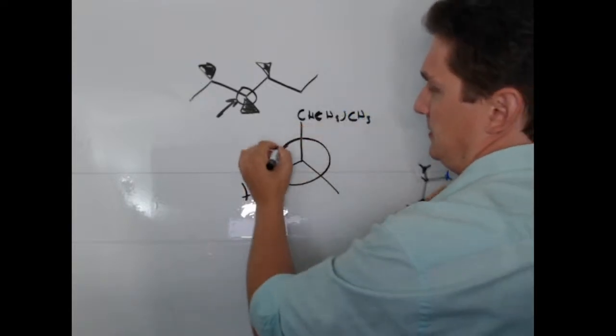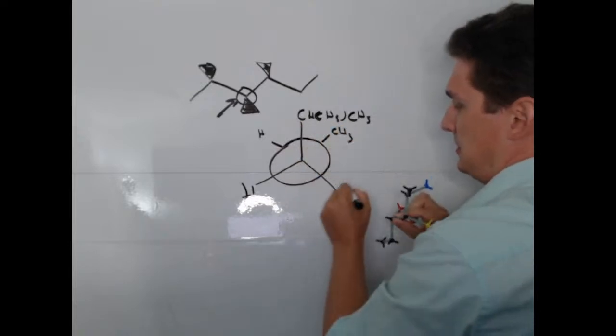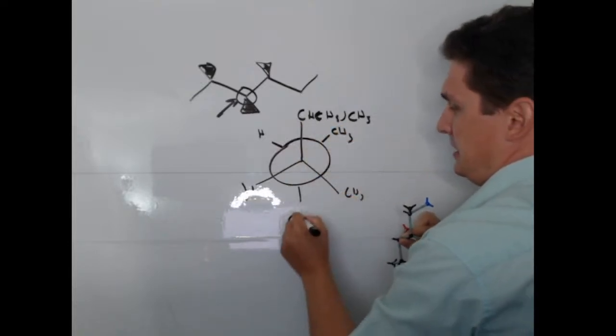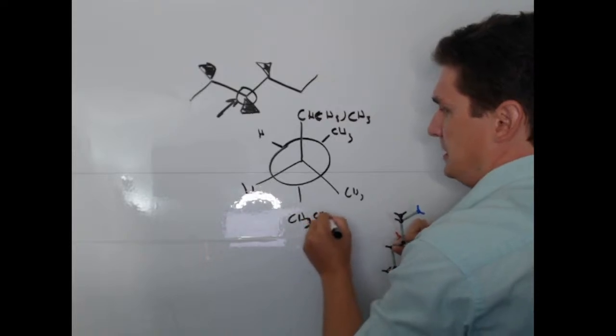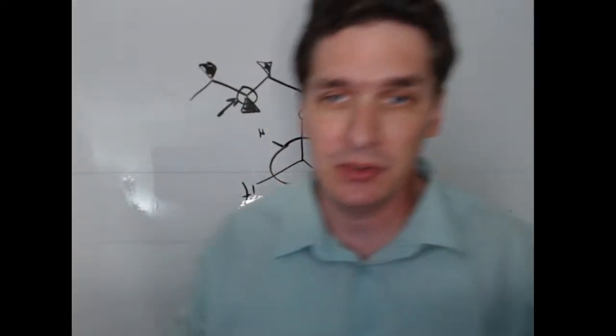And from behind, we've got hydrogen going up, methyl group going up to the right, and then we've got the CH2 group. So if you look at the drawings on the website, the only one that looks like this bottom drawing here is number 3.